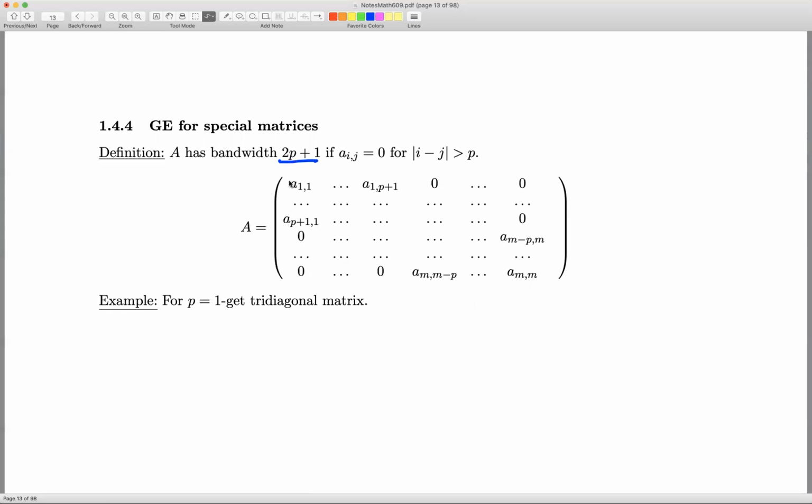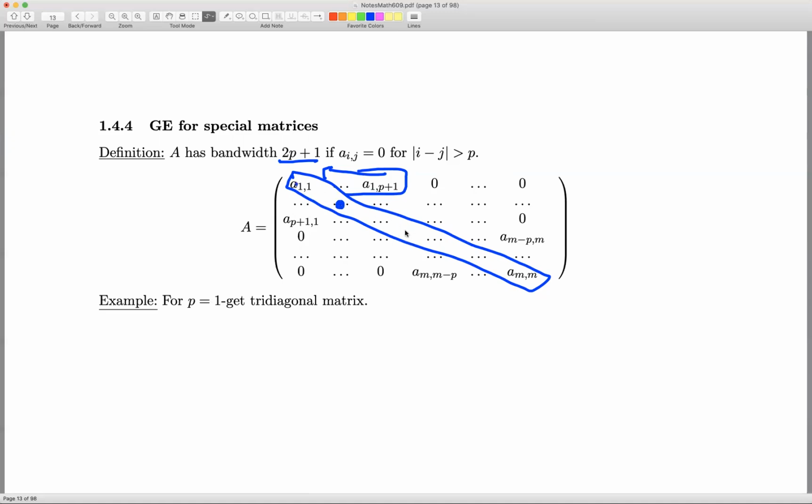What does that mean? If I have the matrix A, a square matrix, and I look at the main diagonal, from the main diagonal I want p elements here that may not be 0. Everything else here is 0. And this we do for every element on the main diagonal.